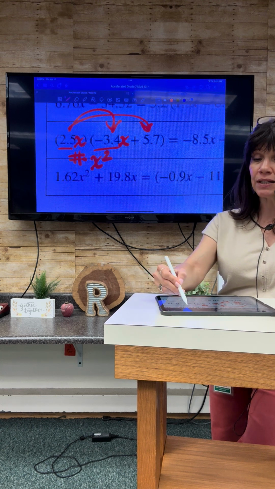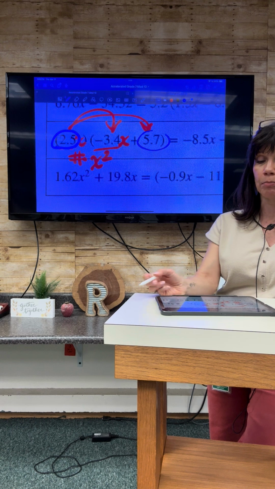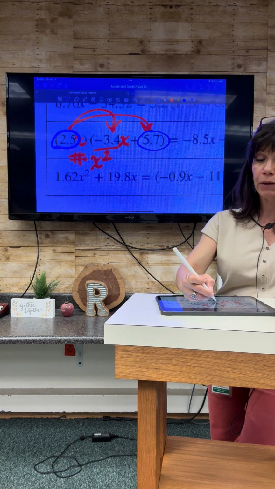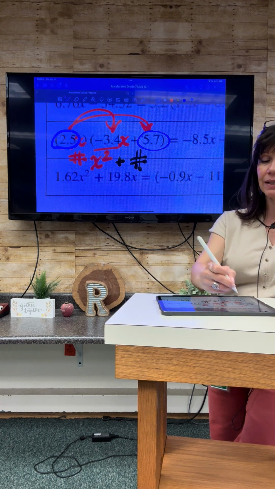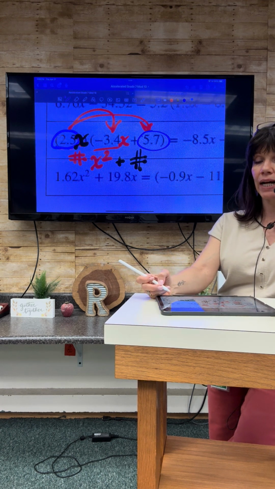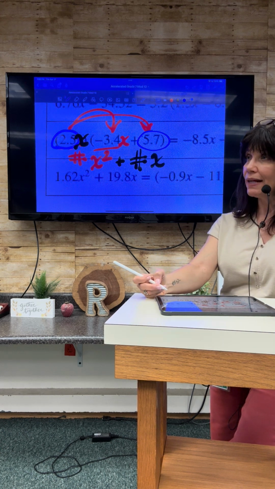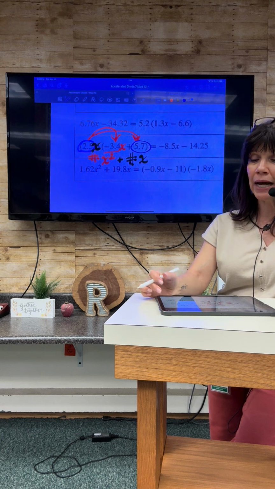Then I will do 2.5x times what? 5.7. This time, I will multiply the number 2.5 times the number 5.7. I will then write plus that amount. And then didn't I have an x that I need to keep? Yes. So I will write that x that I need to keep. Then I will compare.